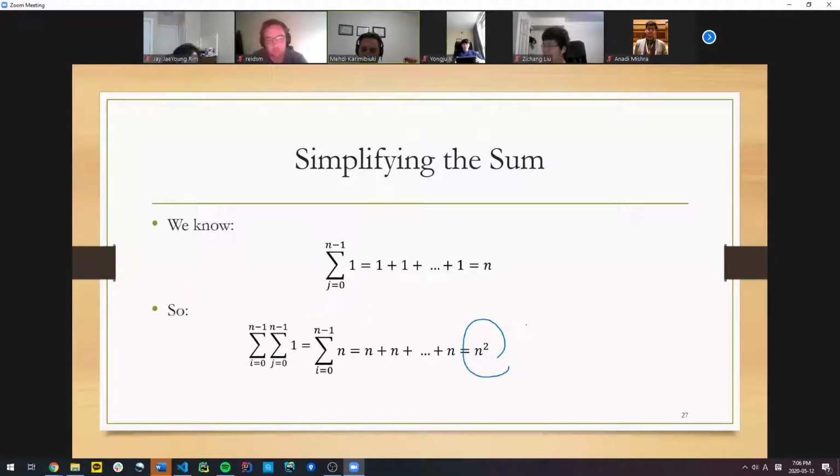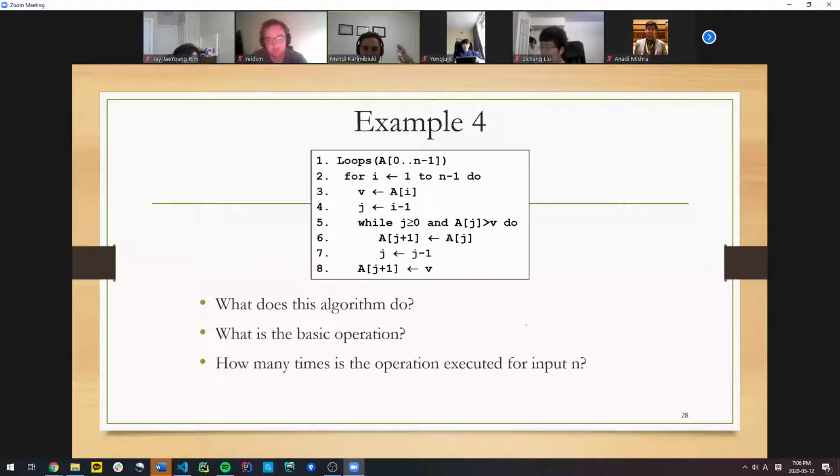I think I have more examples. Example 4. Things are getting more and more complex now. How about this one? What does this algorithm do? This algorithm is called loops, and the input is an array.